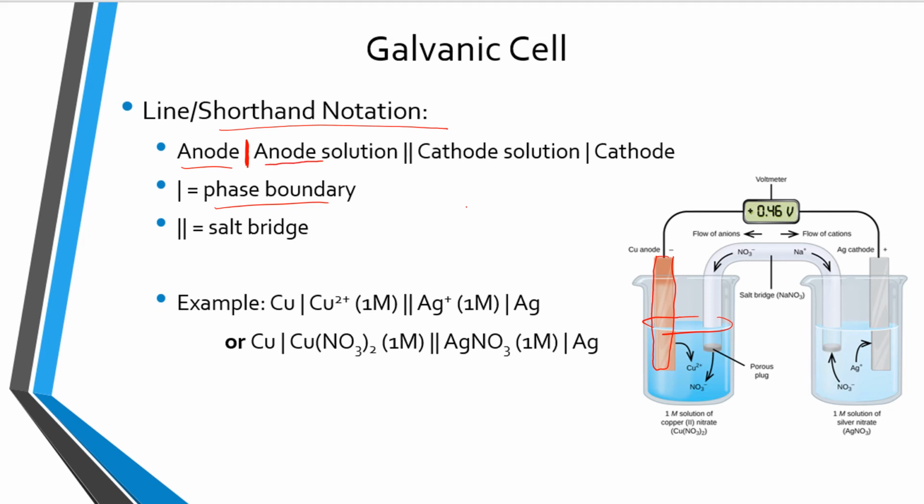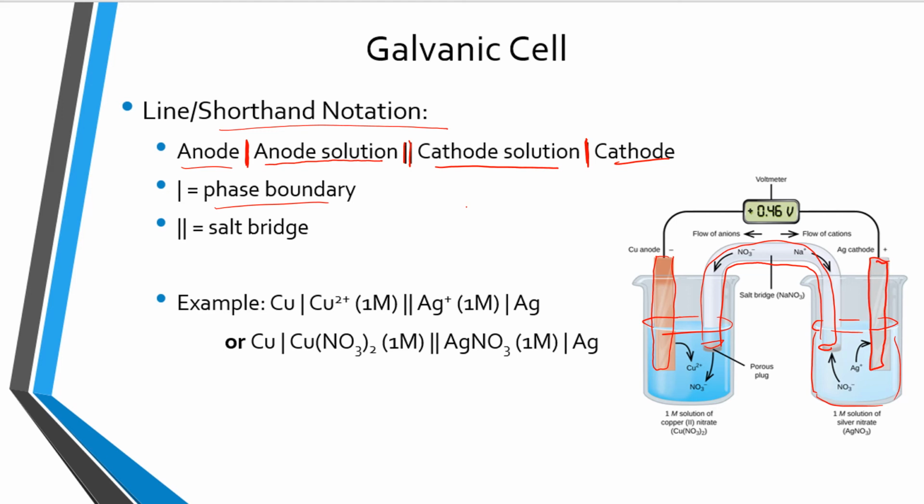Then the anode solution. Then a double line, which indicates that these are connected via a salt bridge, so we do have an actual operating cell here. Then we have the cathode solution, and then that phase boundary again, followed by whatever the cathode electrode actually is.